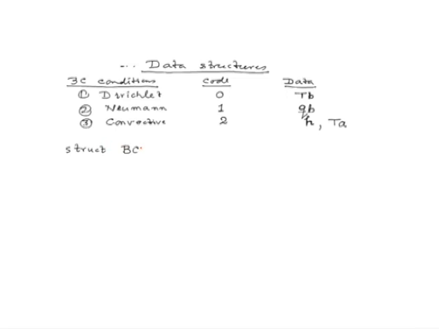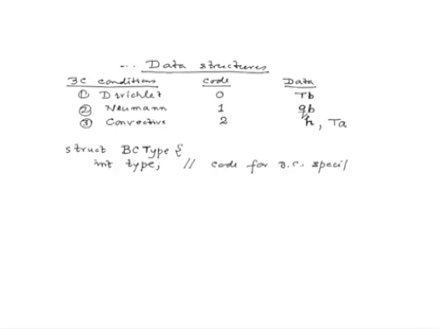So struct BC, or let's give it a longer name, BC type, int type, which essentially gives us the code for the BC.